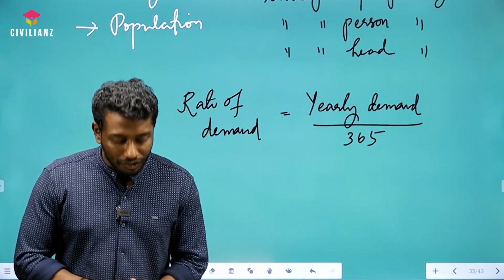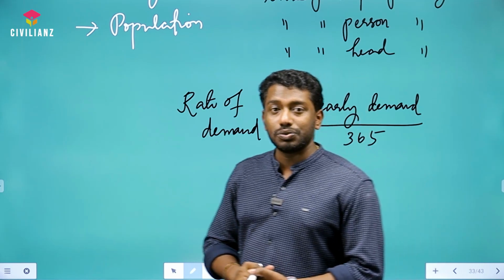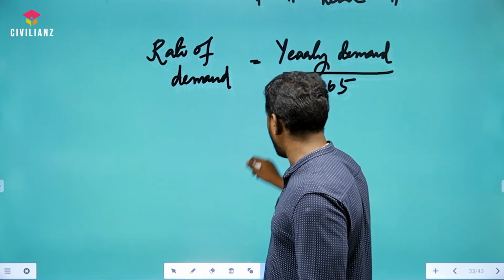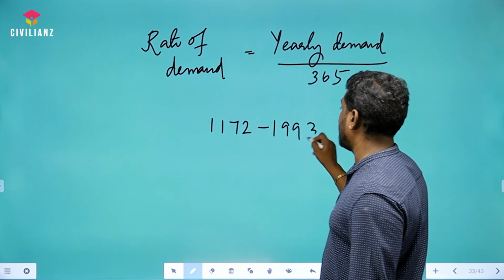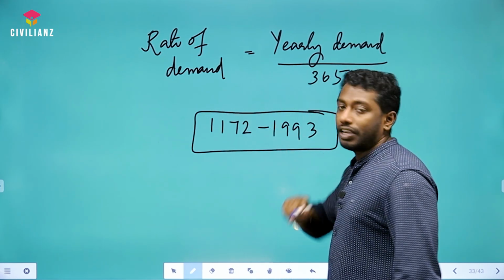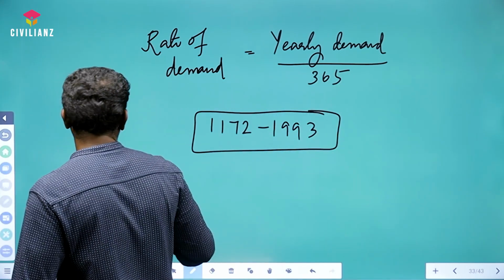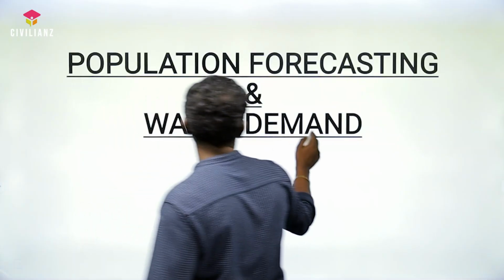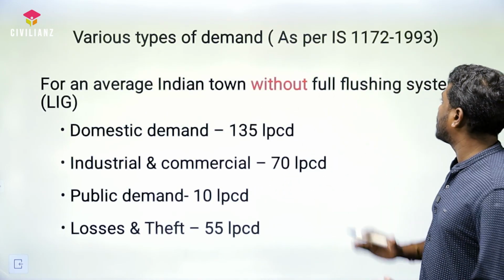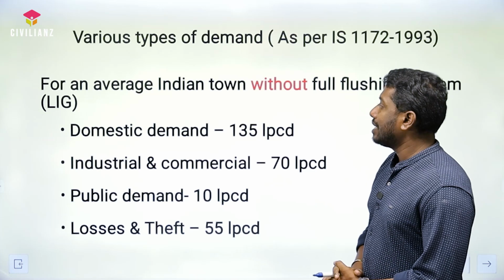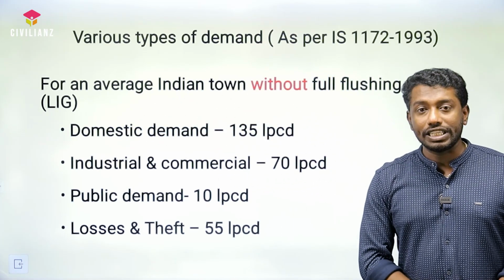And there are various types of demand according to our code. What is the code? 1172, 1993. What are the various types of demand according to the code 1172/1993, and that too for an average Indian town without full flushing system?